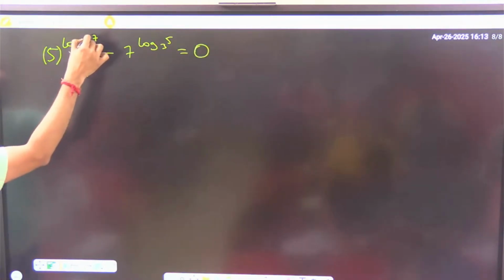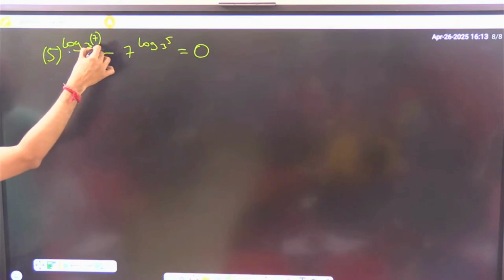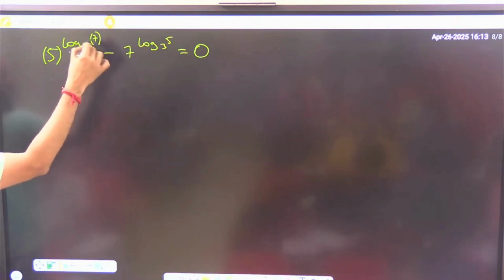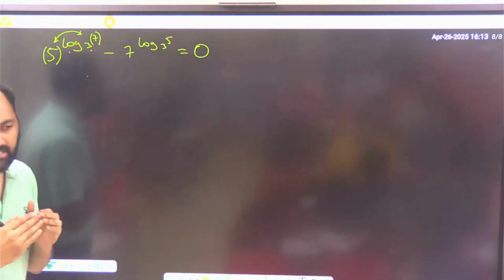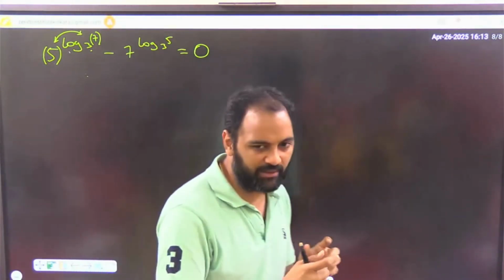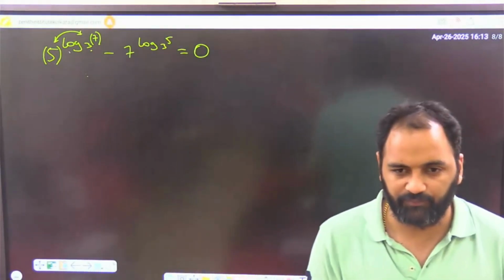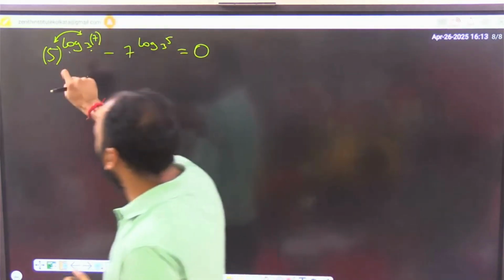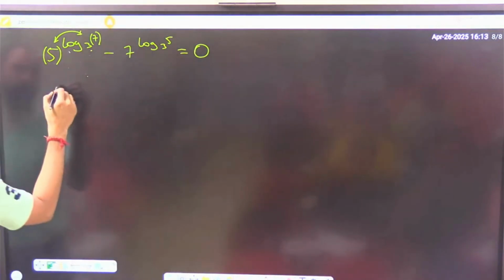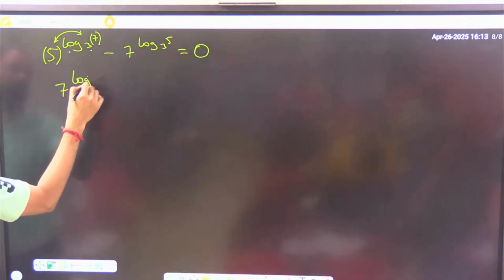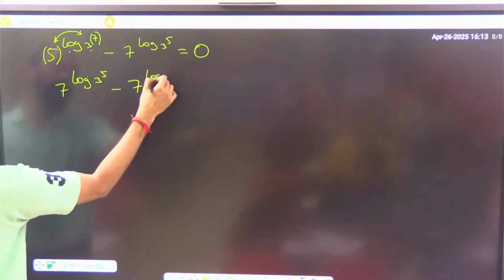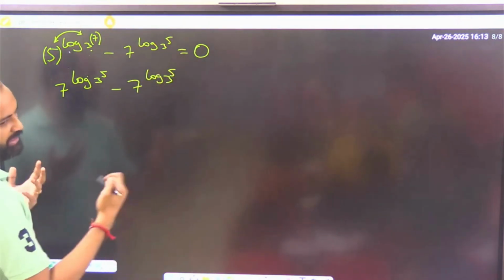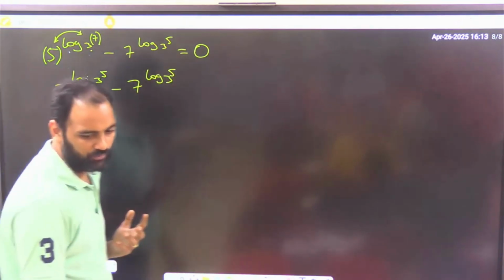The base and the number inside the log are interchangeable. That is how we will apply the property. So if we interchange them, what will this expression become? 7 log 5 to the base 3, and ये तो already 7 log 5 to the base 3 है ही. So what do you end up getting? 0.